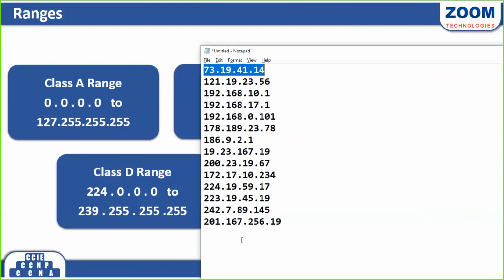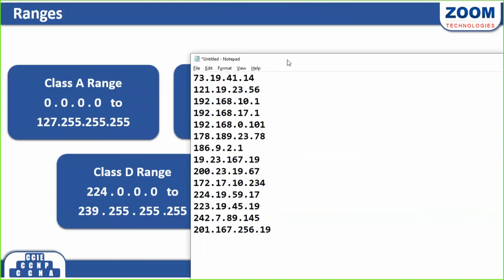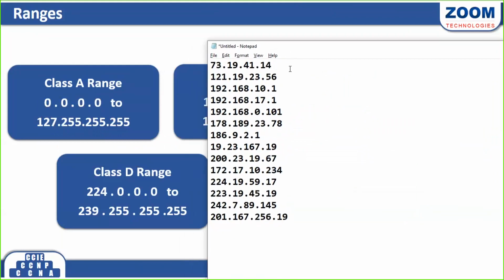Now try to find out which IPs belong to which class based upon the range. Now we have the range, right? So the first IP belongs to which class?